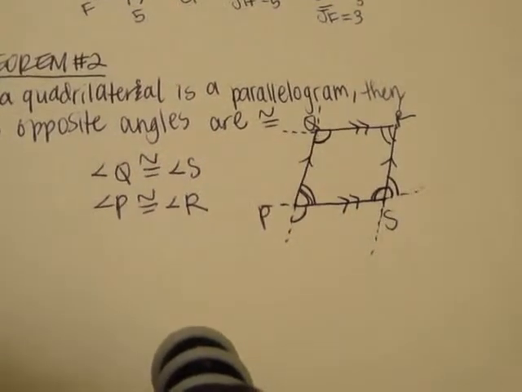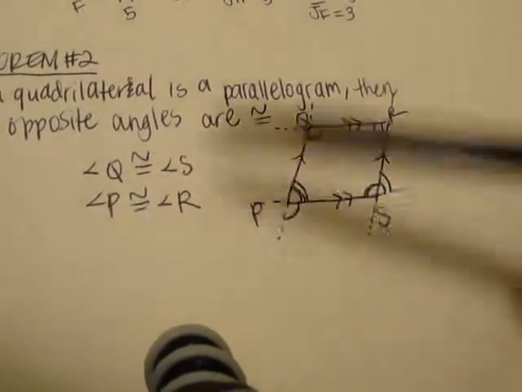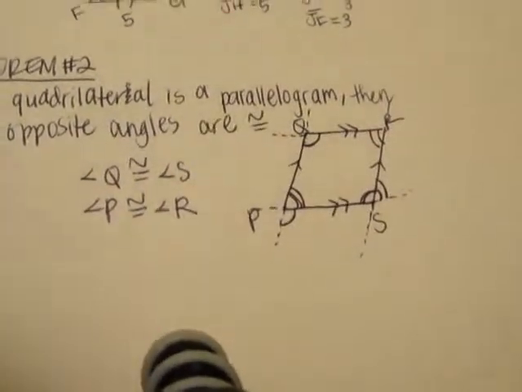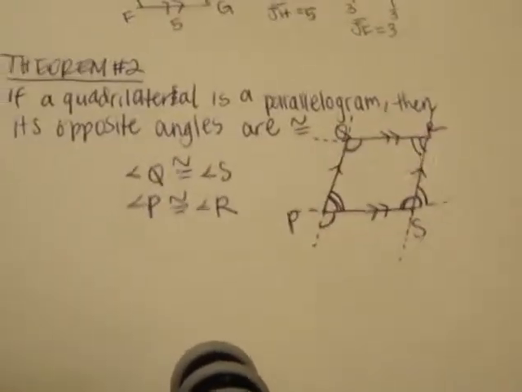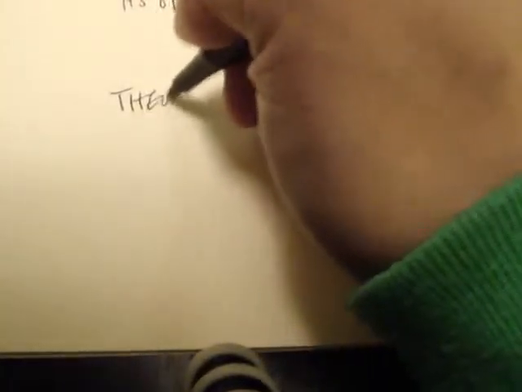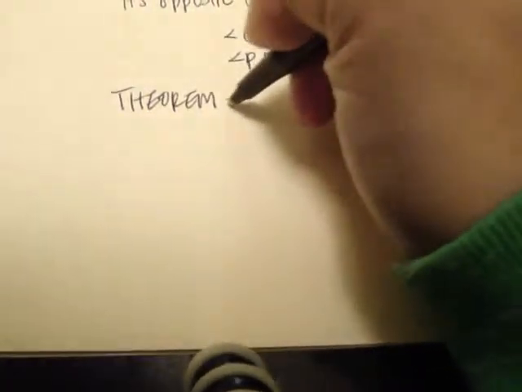So the next theorem is related to theorem number 2. And again, it has to do with parallel lines and angle relationships. So let's go ahead and call this theorem number 3.